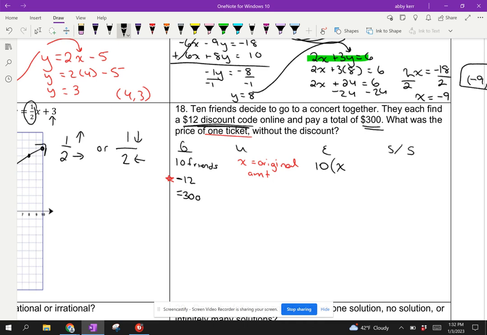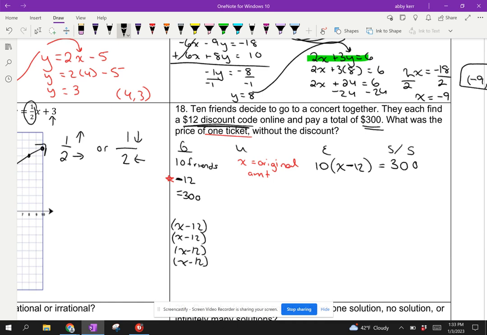But not everyone paid the original amount. We actually had to subtract 12 from that original amount 10 different times. So that is where we are going to use the equation and parentheses. So that parentheses just means every single person got that $12 off.